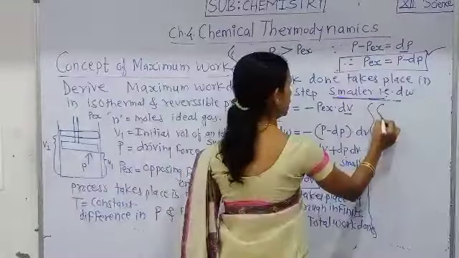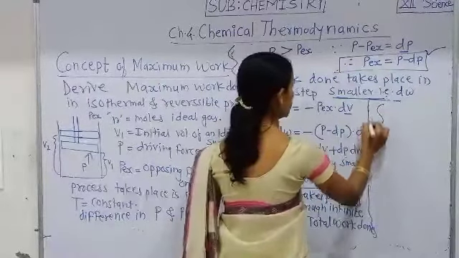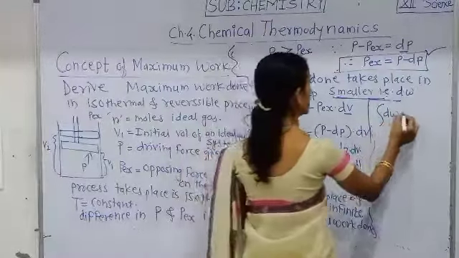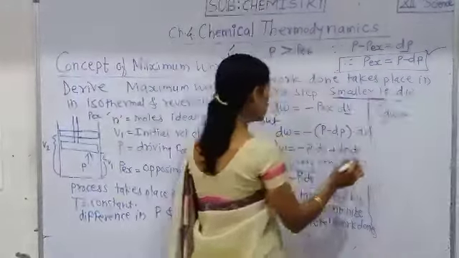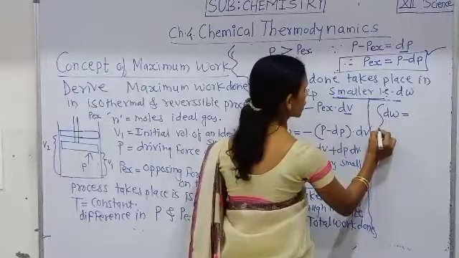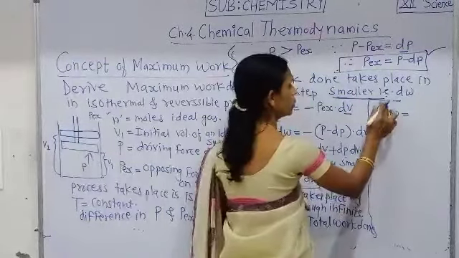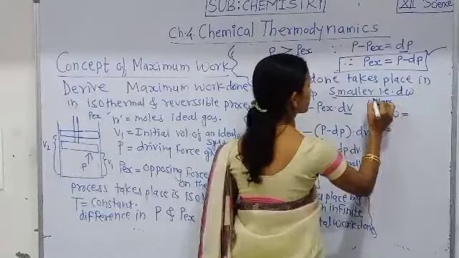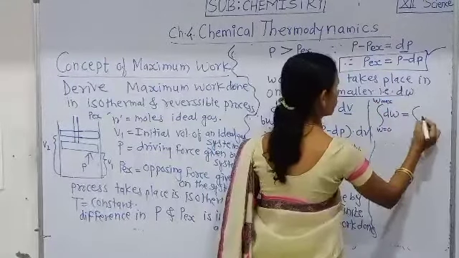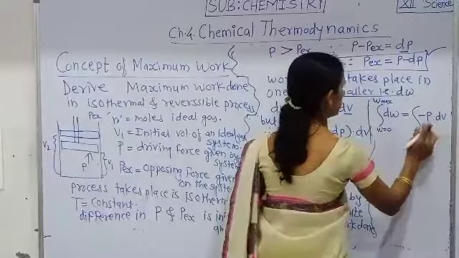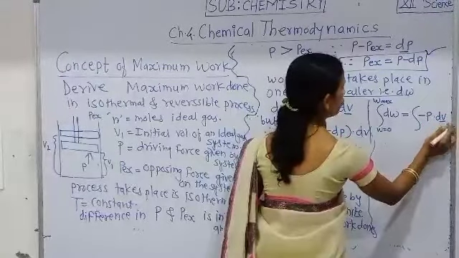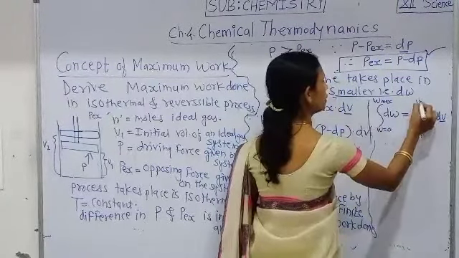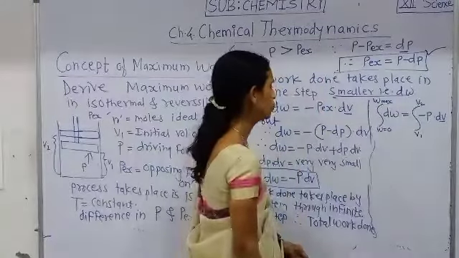Integrating that equation, we get the integration of dW, where the initial work done is 0 and the final work done is W max, equal to the integration of minus P dV, where the initial volume is V1 and the final volume is V2.